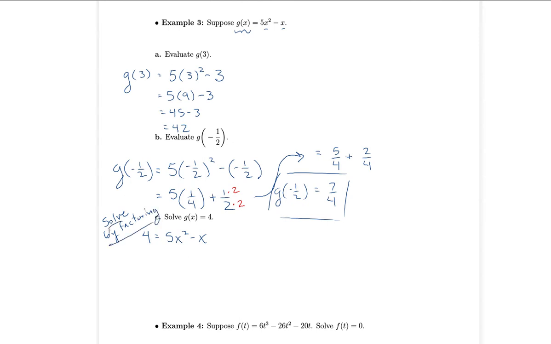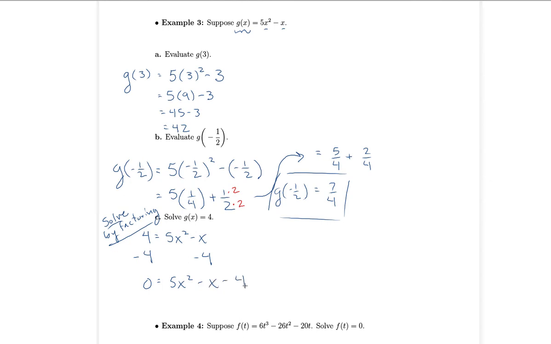Remember that factoring is one of your techniques for solving a quadratic that doesn't necessarily work every time. The numbers have to work out correctly. But if you notice that factoring does work, it's definitely the fastest.